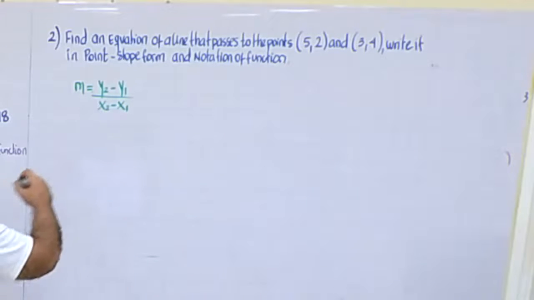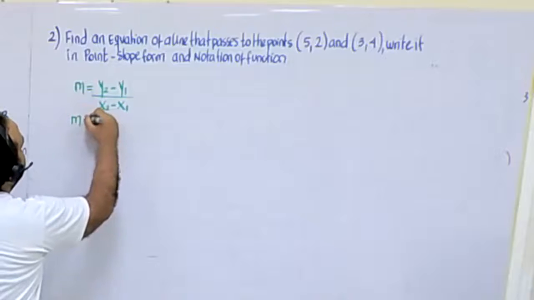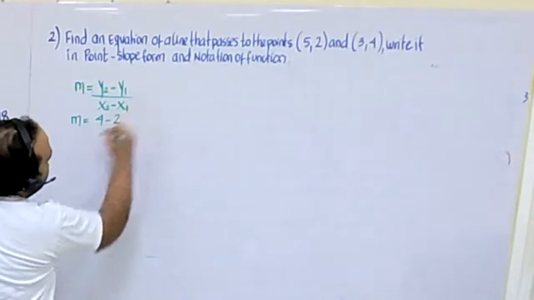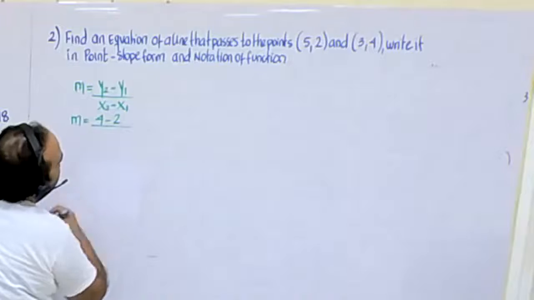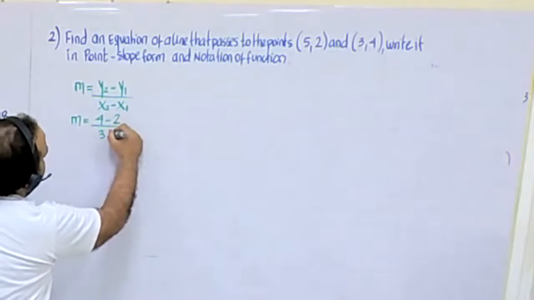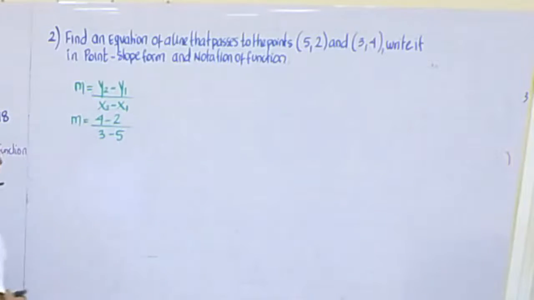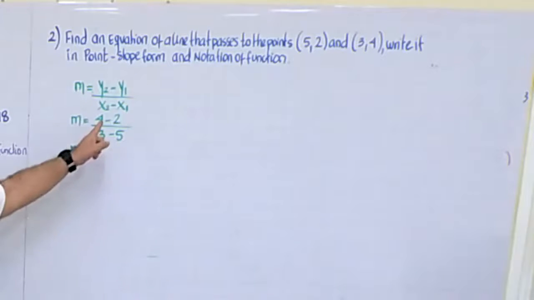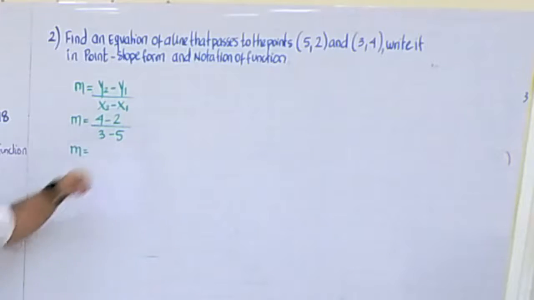For that reason, I'm going to replace those values, for example, 4 minus 2, divided by 3 minus 5. Okay? For that reason, the value of the slope of the line, if you see, we have 4 minus 2 is positive 2.